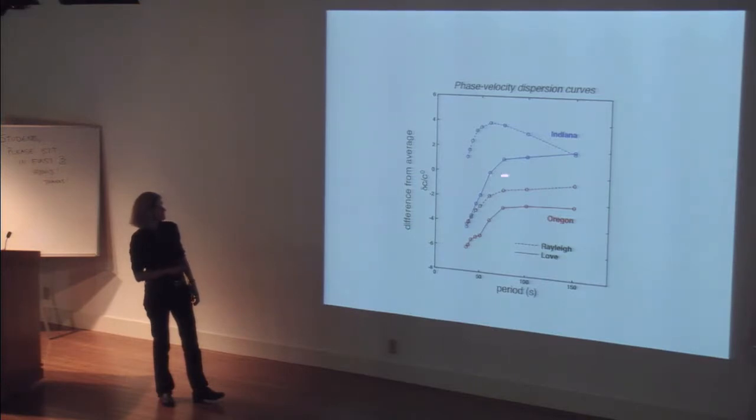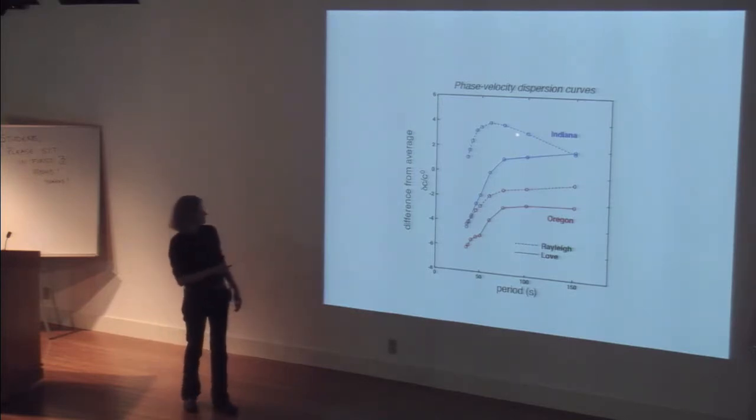For two different locations. This is somewhere in Indiana and this is somewhere in Oregon, so not tectonically active and tectonically active. The dashed lines are the Rayleigh waves and the solid lines are the Love waves. And these are actually plotted as the difference from an average. So there's already an average taken out of there. But the main point is just that they're different.